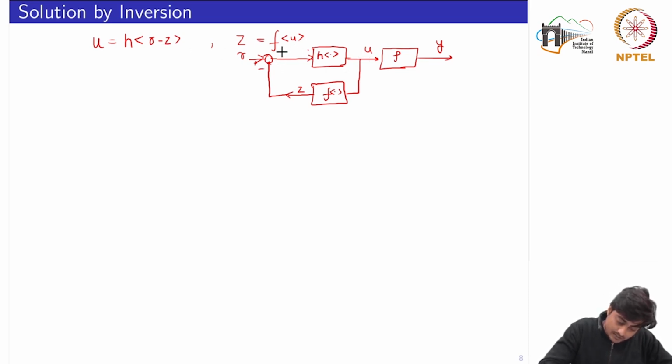So here we would have r minus z, and z is a representation of this actual plant given by the function f. Okay, so now substitute z from here to here, we would have u is equal to h of r minus f of u.